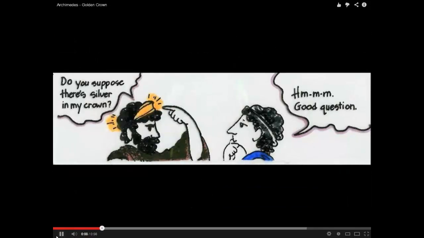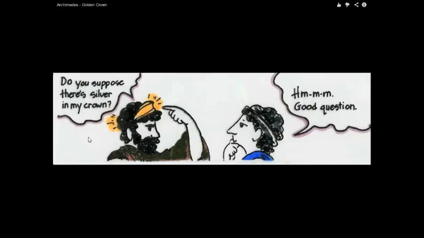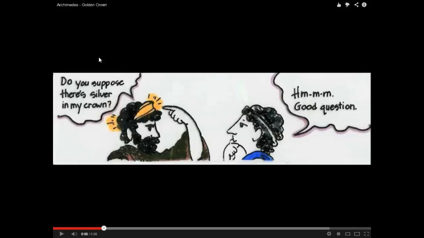So, pause it. The story goes, Archimedes was the king's head scientist, or advisor. And the king commissioned a goldsmith to make a crown for the king. And the king wanted nothing but the best, so the king wanted gold. He was looking at the crown one day, and he's like, this looks a little different from the other gold I have. I wonder if it's all gold. Archimedes over here, this guy, tried to figure out a way he could test it out.